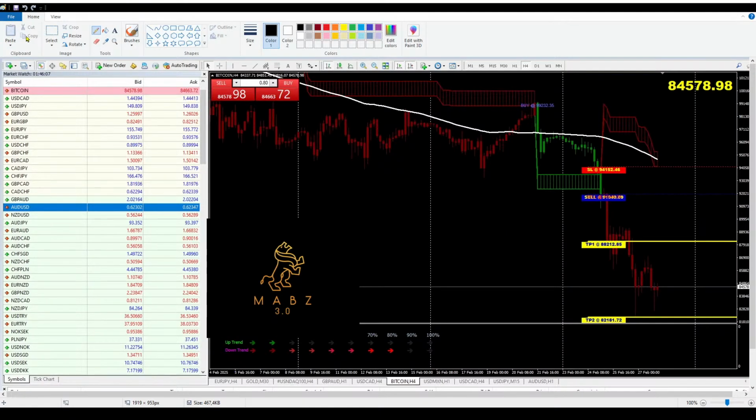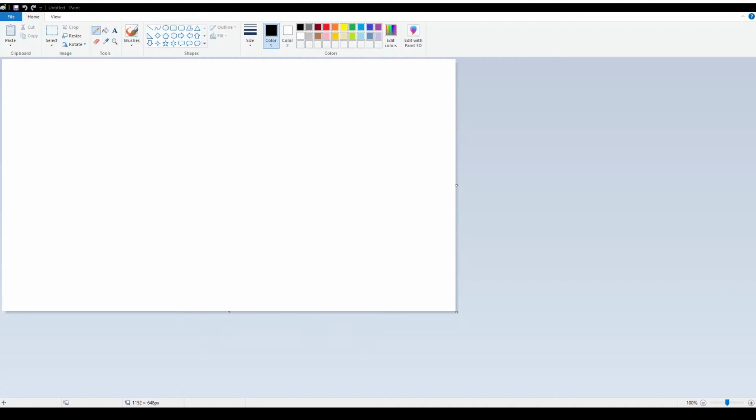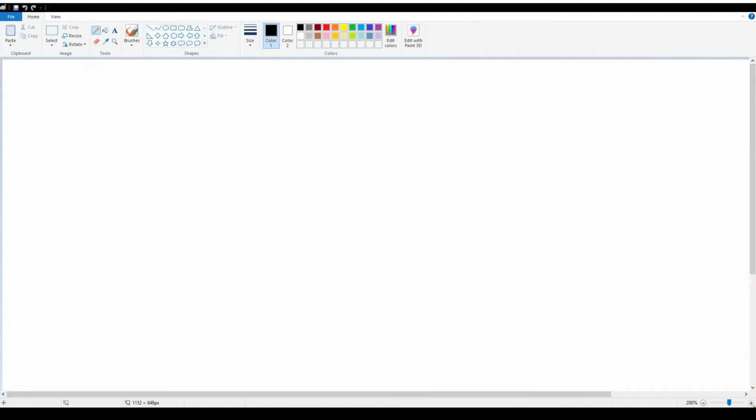So guys, we've got three trades. We've got a sell on the USD JPY. We've got a buy on the AUD USD. And then we've also got a buy on gold. So now, let me just jump in and show you something.